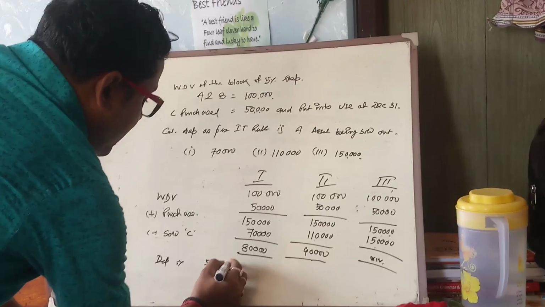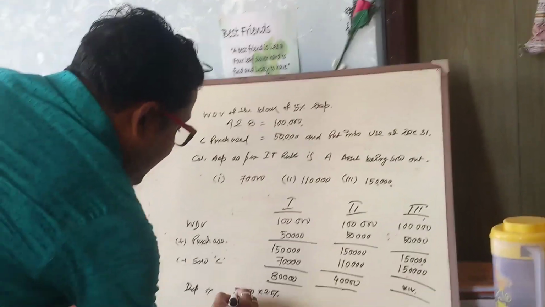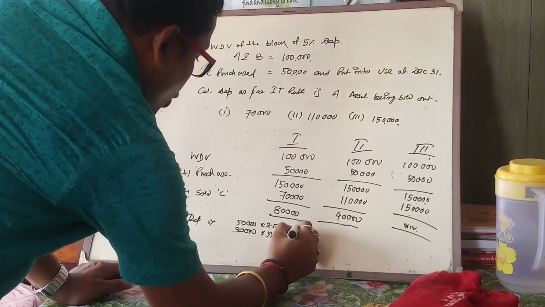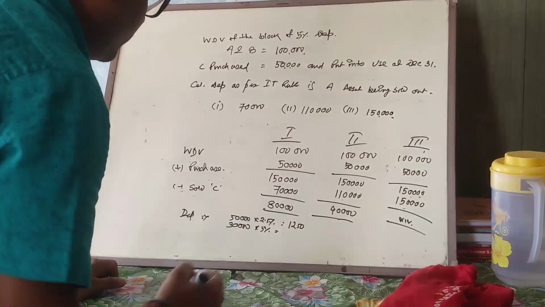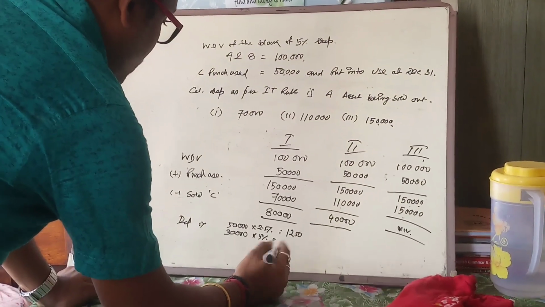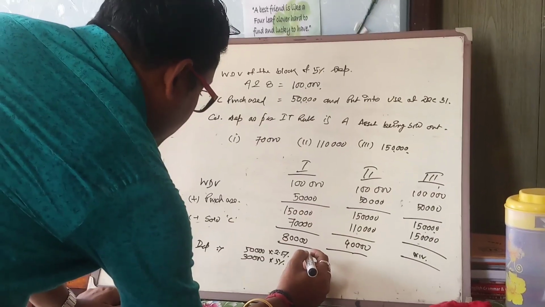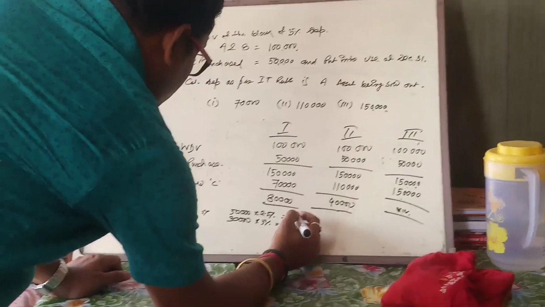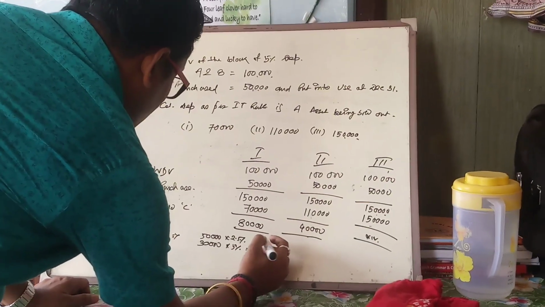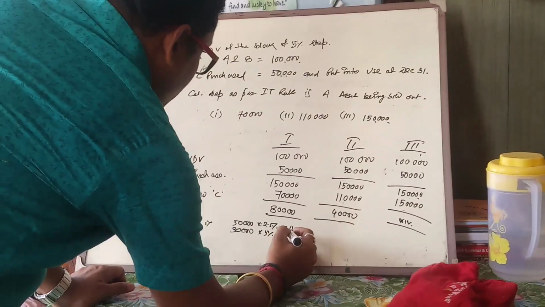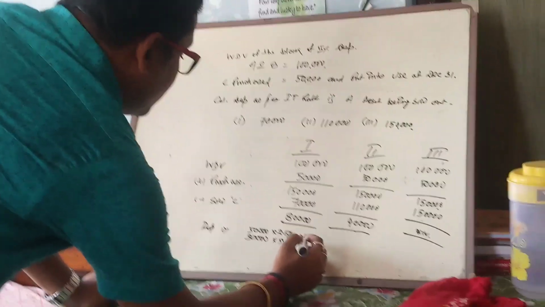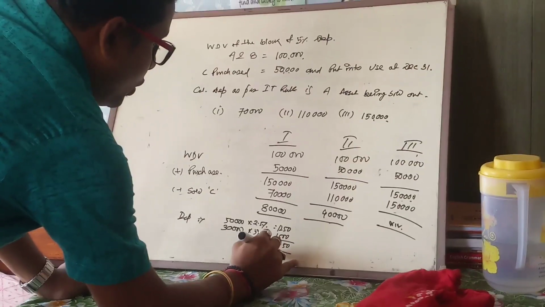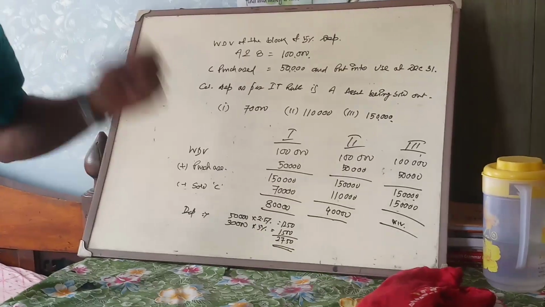On 50,000, 2.5%, that is 1250, and balance on 30,000, 5%, that is 1500. So 2750 will be the deductible amount of depreciation.